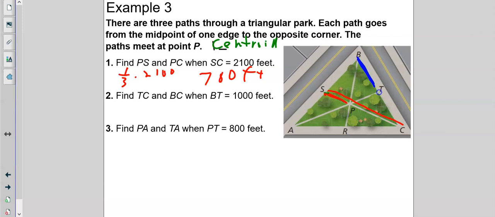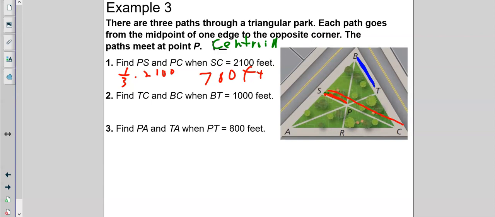Well, remember, T is the midpoint. So if this is 1,000 feet, this is 1,000 feet. So TC is 1,000 feet, which makes the entire length BC 2,000 feet.